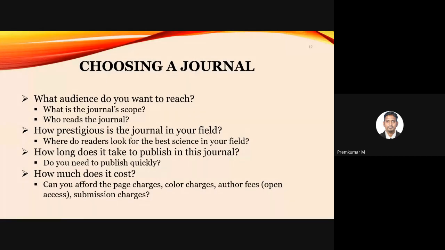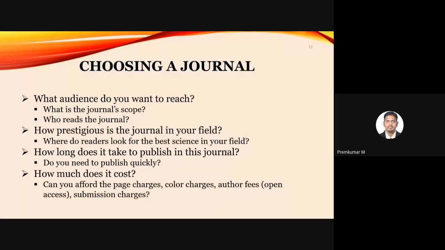So obviously the publisher will not compromise the quality. Don't confuse open access journals with paid journals. The paid journals are the predatory journals. What they do is take the money and publish whatever paper you want. That is what we call a paid journal. But open access journals are not like that. Open access means it is open to the readers.